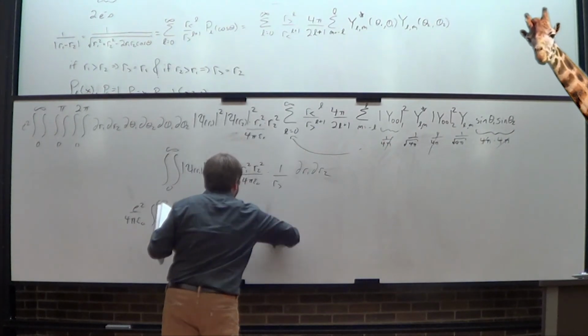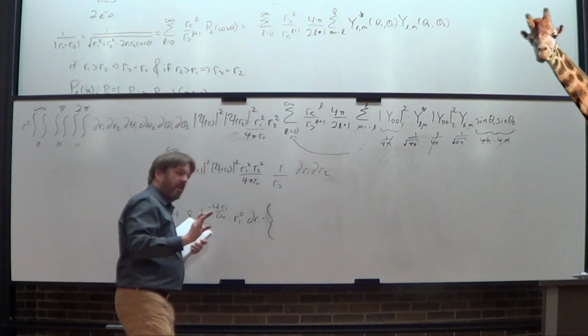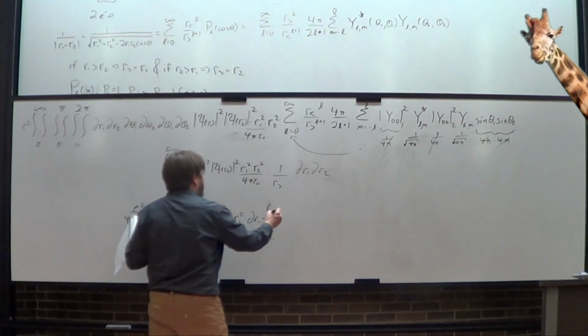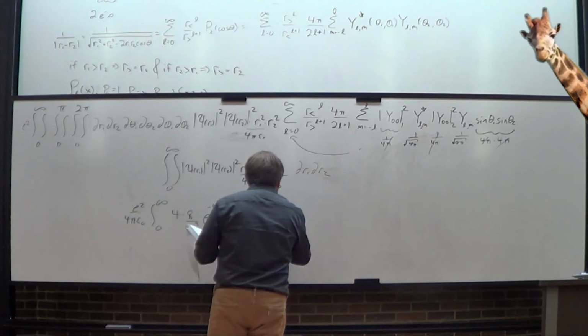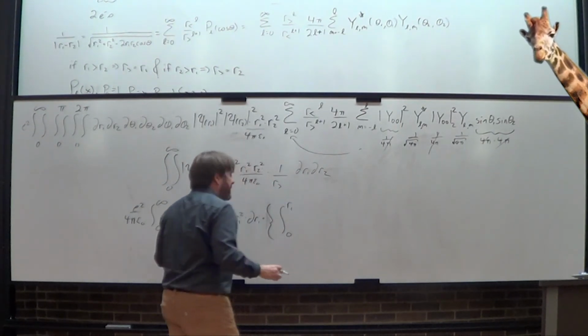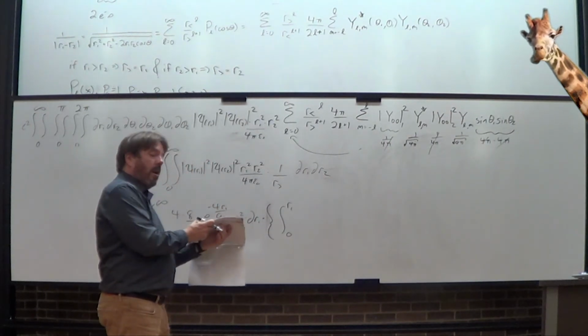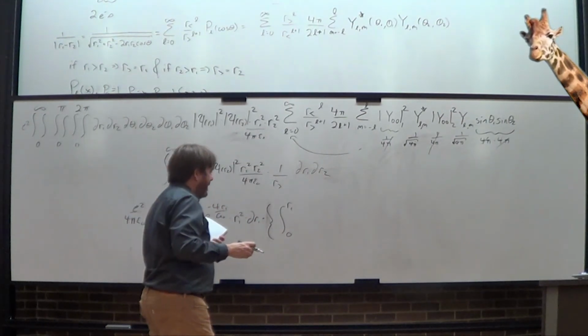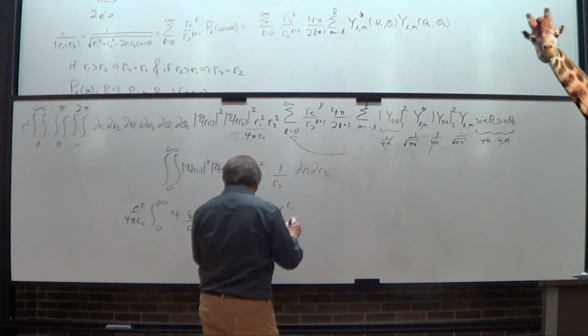Now here's a trick. I wrote a bracket because I'm going to break up the R2 integral into 2 pieces. The first one, I'm going to integrate R2 from 0 to R1, meaning R2 is always less than R1. Isn't that neat?